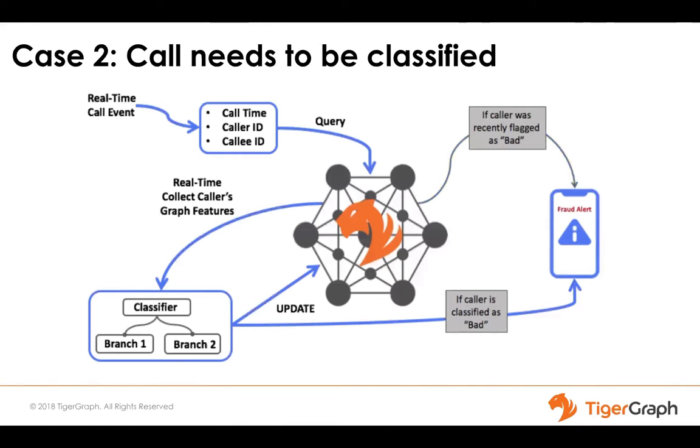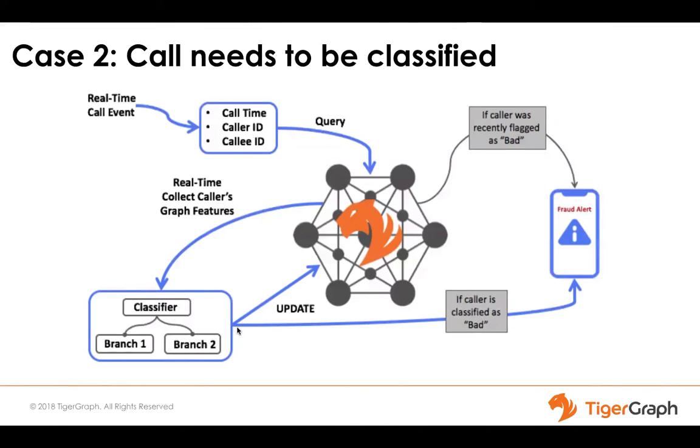Our query will do the feature collection for this phone, for the caller or callee if one of them is expired. We collect their features, then send this feature vector into a previously trained model classifier, and we do the scoring in real time.